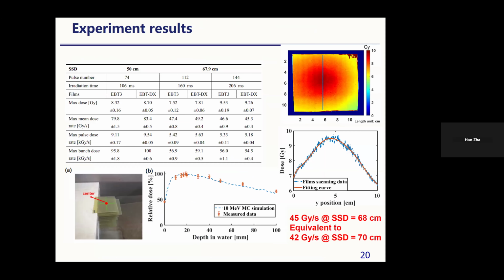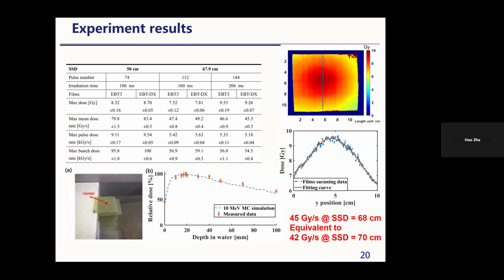Here are our measurement results using EBT3 films. We performed the test at both 15 centimeters and 17 centimeters, confirming that the ultra-high dose rate is achieved. The percentage depth dose PDD curves match the Monte Carlo simulation of the 10 MeV beam.